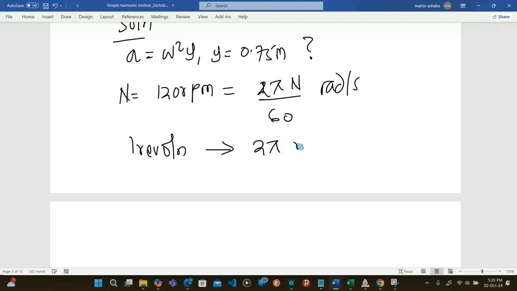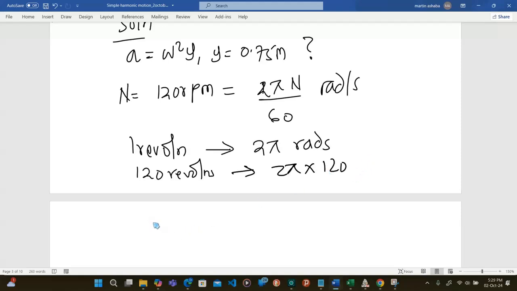In other words, how you can understand it: one revolution corresponds to 2 pi radians. What about 120 revolutions? These are going to be 2 pi times 120 radians, but this is per minute.